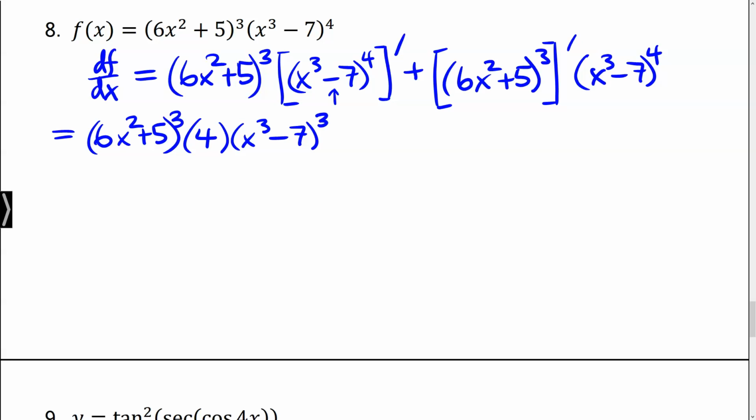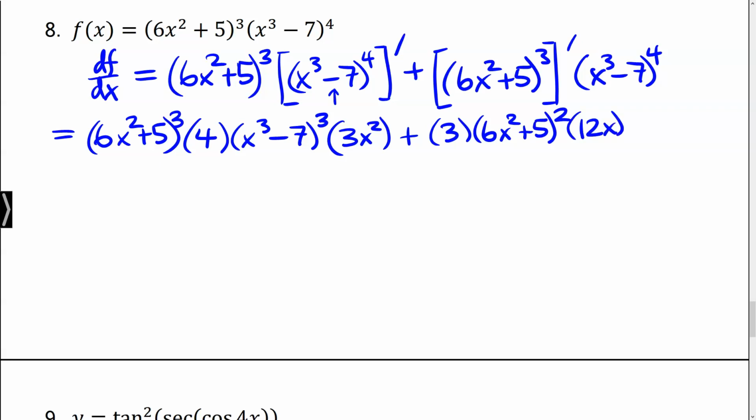So cubed times the derivative of what's inside, which is 3x squared. Okay, so power rule, derivative of what's inside, plus, now I'm going to differentiate this, which has derivative 3 times what's inside squared, the power rule, times the derivative of what's inside, 12x. And then this just tags along, x cubed minus 7 to the 4th.